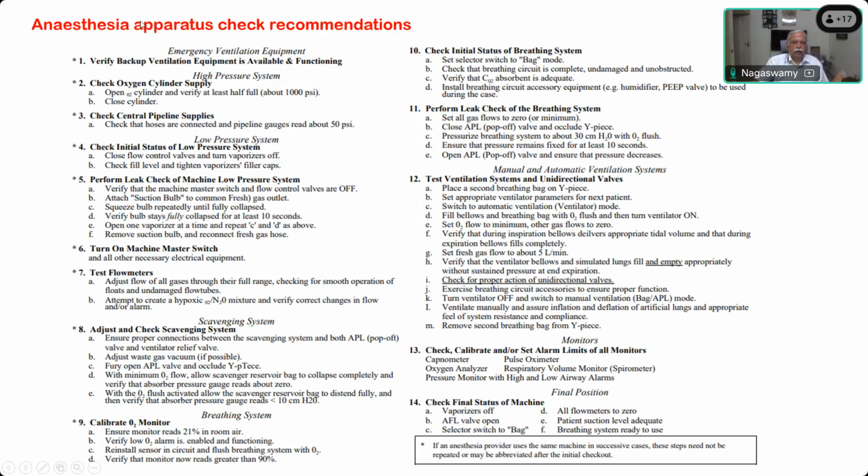Unless you have at least a partly filled oxygen cylinder available in the machine, the patient's life will be in very great danger. So you have to make sure that you have a spare cylinder with at least half full. Preferably it should be a full cylinder. Even if it is not full, it should be half full, so that it can run at least for 3 hours without any discontinuity in oxygen supply.